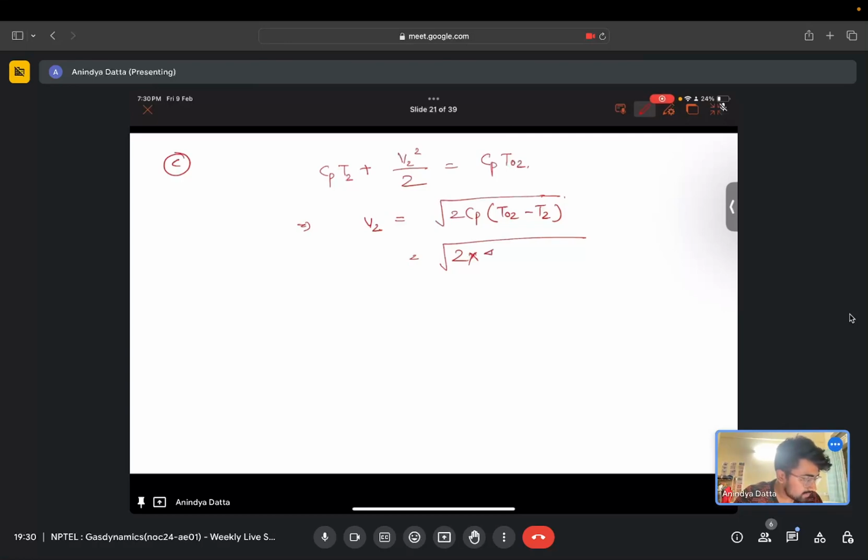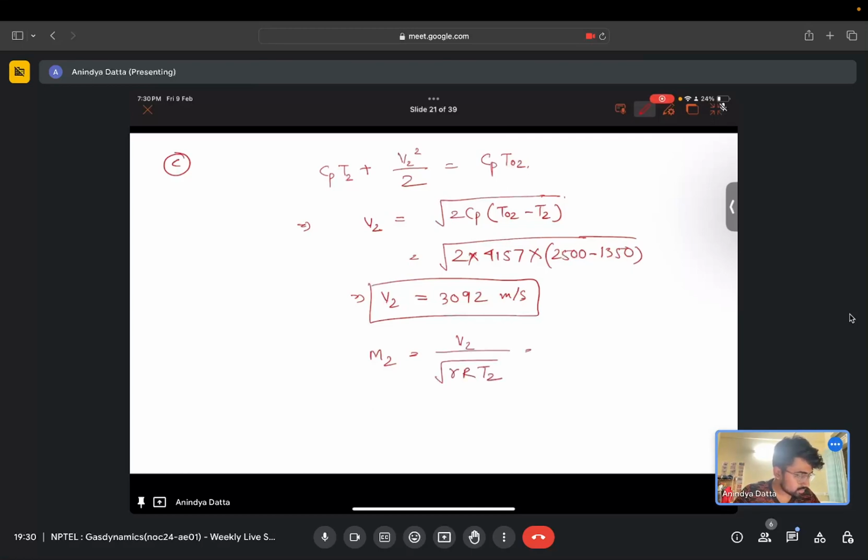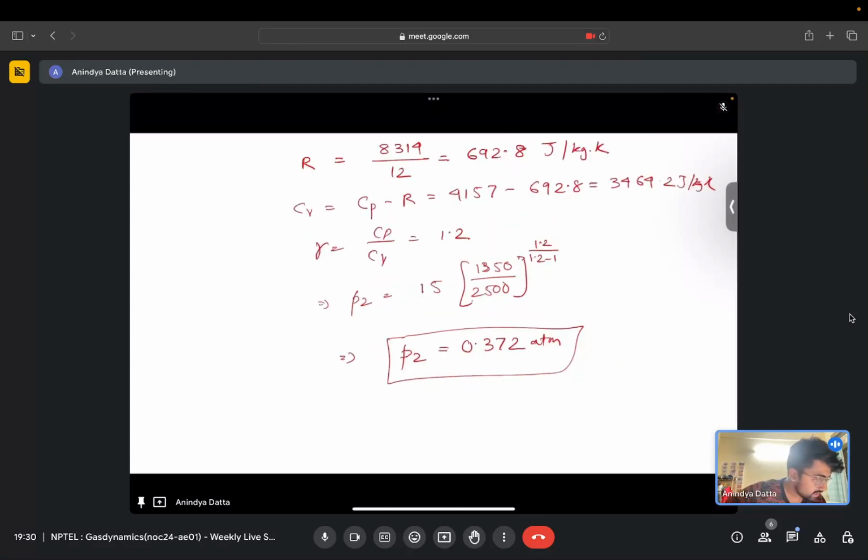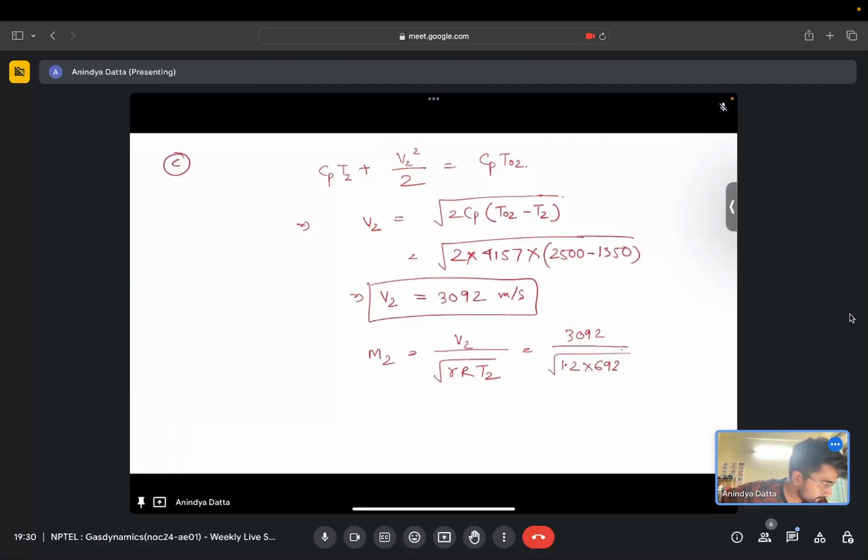Okay, so Cp is 4157. So V2 we will get 3092 meter per second. And then Mach number is V2 divided by the square root of gamma R T2. So 3092 by square root of gamma, remember to put the correct values, gamma is 1.2, R was 692.8 and temperature T2 is 1350.